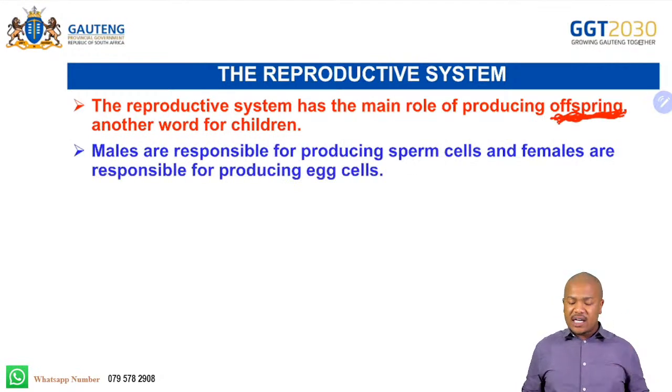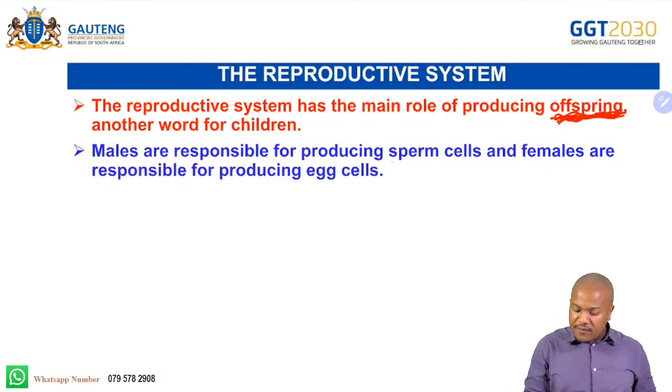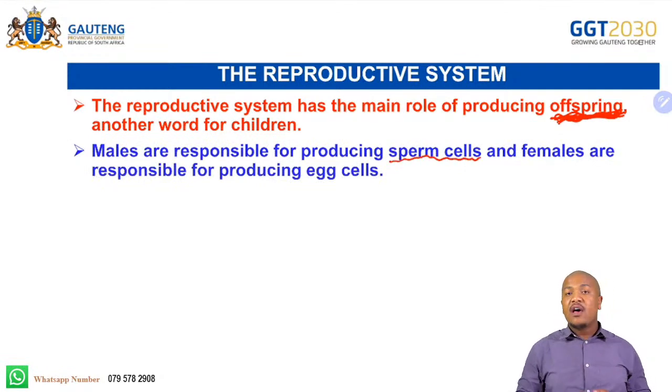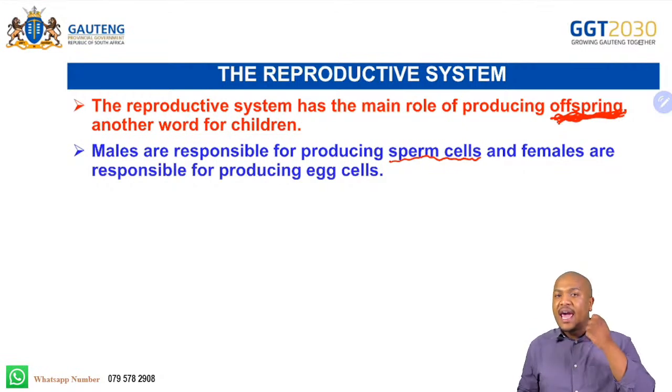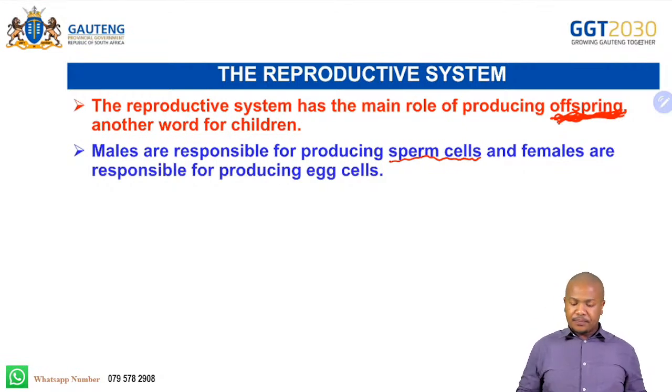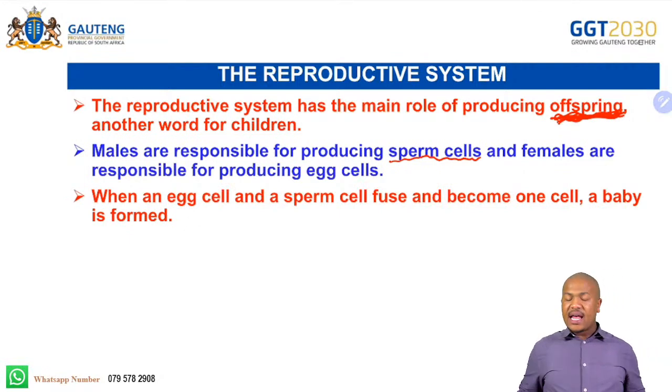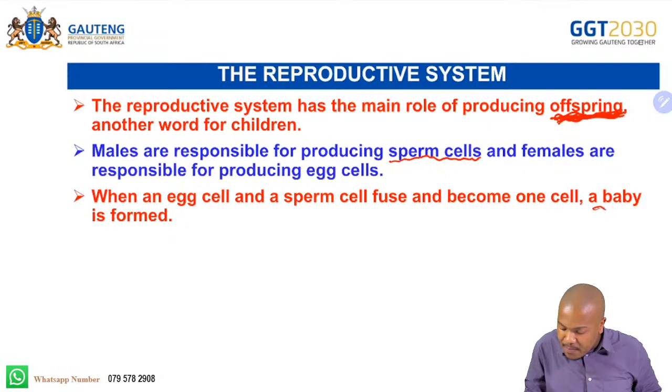The main role is producing offspring, which we know as children, right? As you have these two reproductive systems, males are responsible for producing sperm cells, whereas females are responsible for producing egg cells, right? So when these egg cells and sperm cells are fused together, we say that a baby is formed.